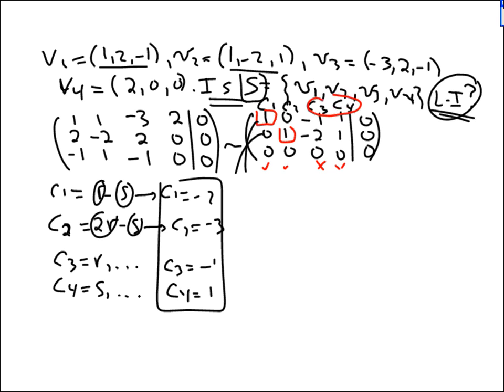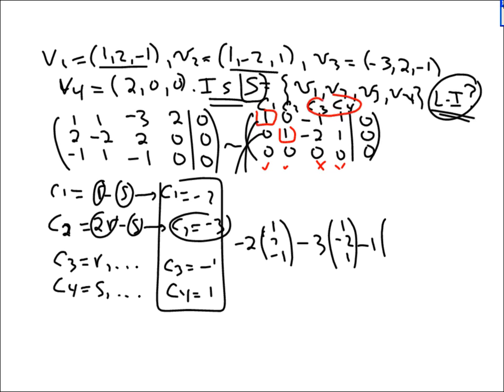Okay, what this is telling me is negative 2 times the first vector, to save space, I'll write it this way, please, minus 3 times the second vector, 1, negative 2, 1, minus 1 times the third vector, plus 1 times the fourth vector. This is going to equal the 0 vector.